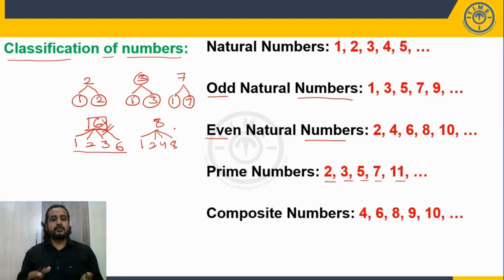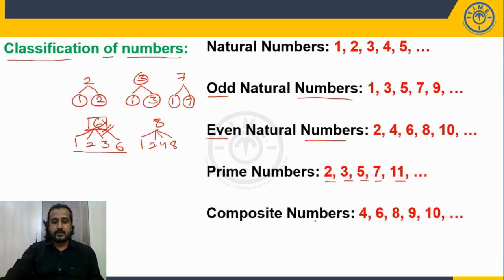Or we can say the numbers which are not prime are composite numbers, but there is an exception: 1 is neither prime nor composite. All the numbers which are not prime are composite, except 1.